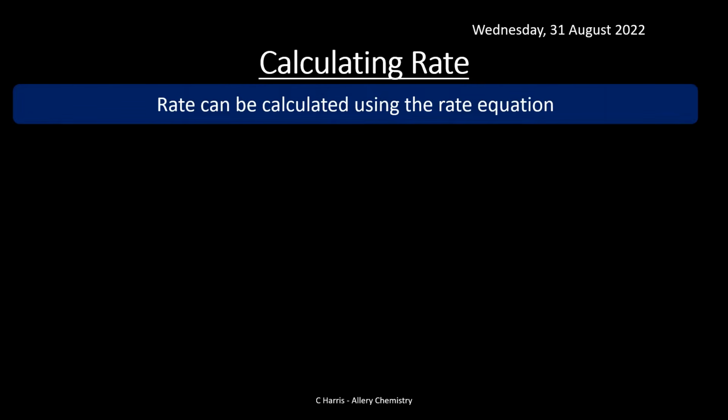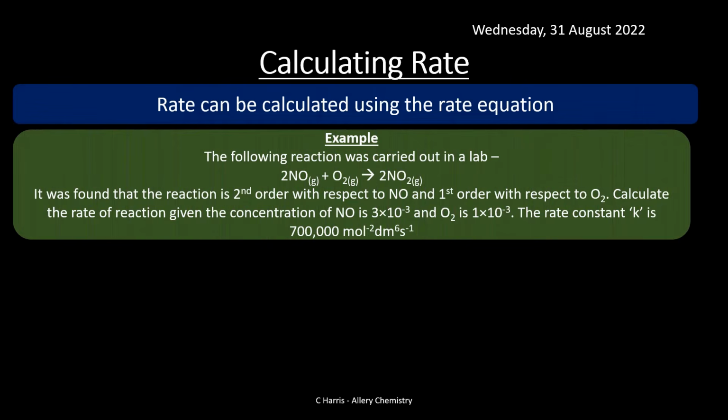So, rate can be calculated using this rate equation. We're going to use this now and actually do something with it. We've got a reaction here that was carried out in the lab, with 2 lots of nitrogen monoxide, so 2 NO, reacting with oxygen to form nitrogen dioxide. It was found that this reaction is second order with respect to NO, and first order with respect to O2.